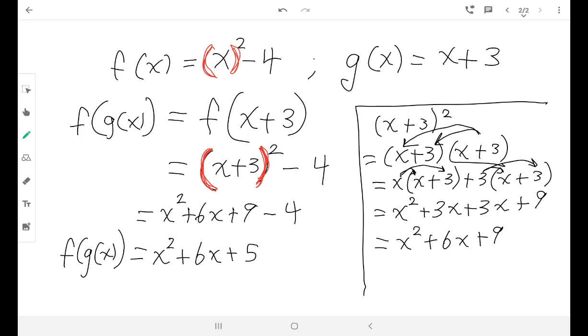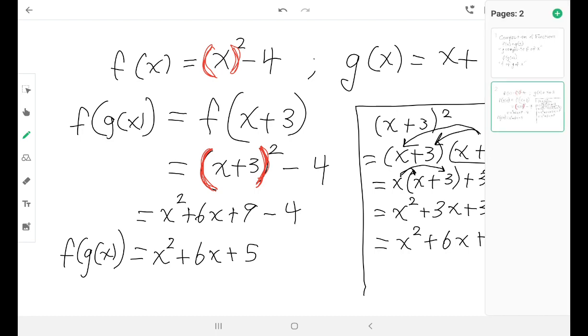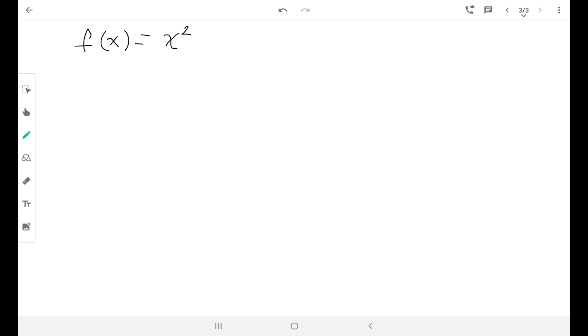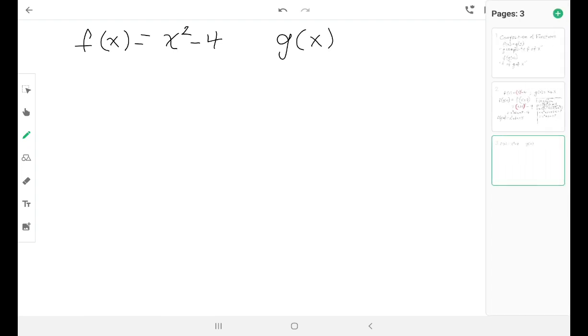Okay. Let me recopy that onto a new page, and I got f of x equals x squared minus 4, and g of x, what was g of x?